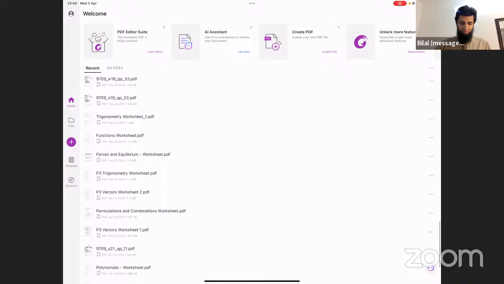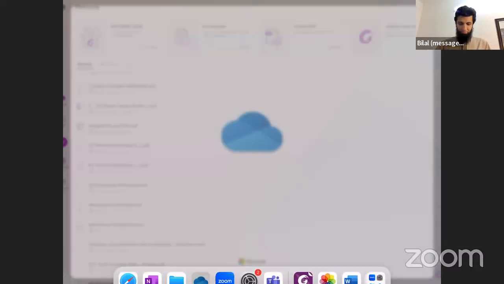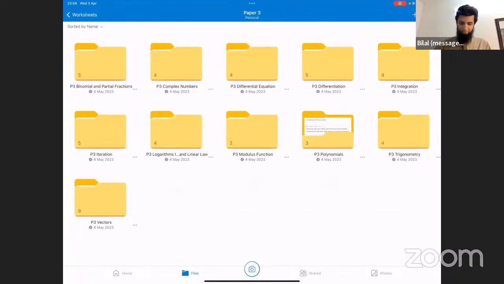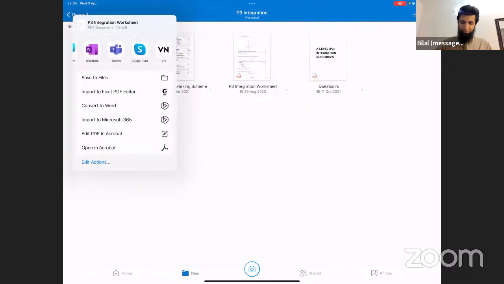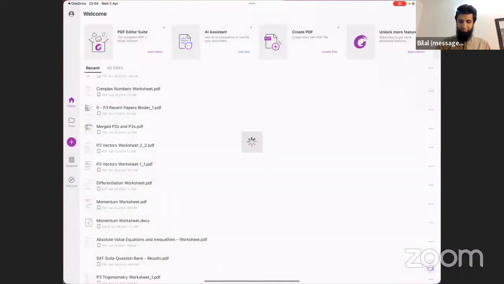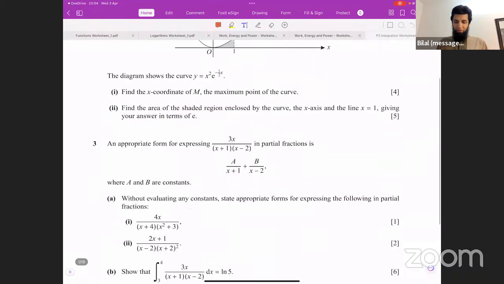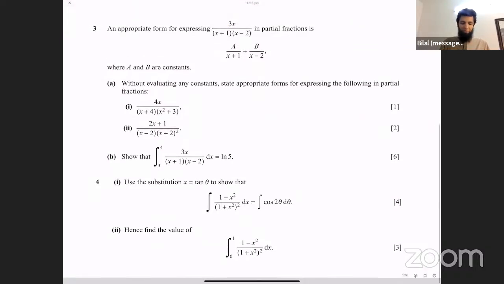P3 integration. Okay, let's have a look at one question in which you have to use integration by substitution, and there's some limits here. Let's have a look at this. Question number 4 from the worksheet.